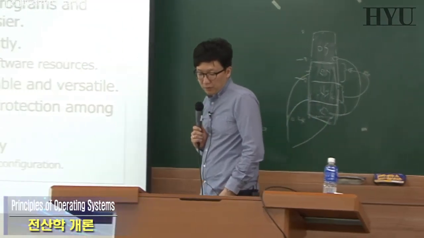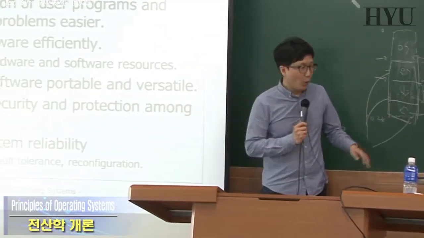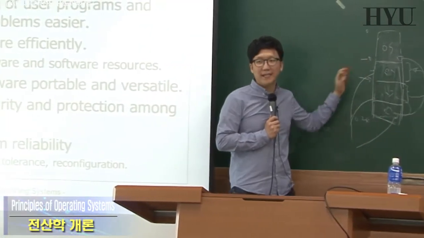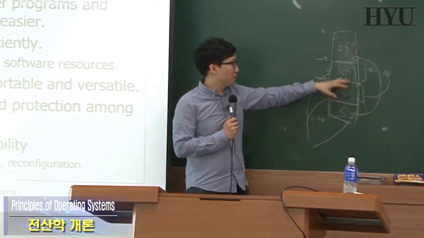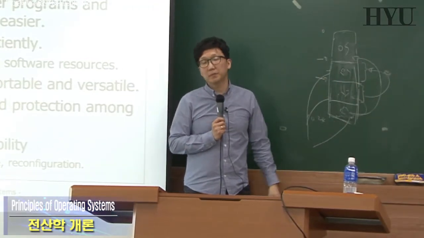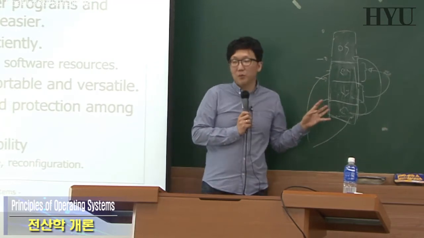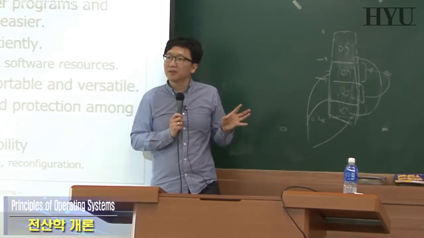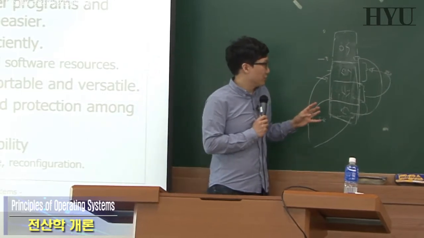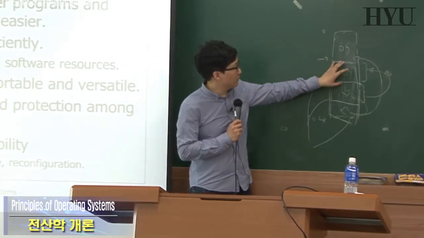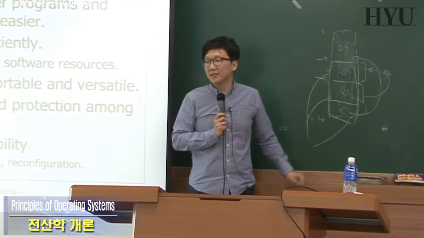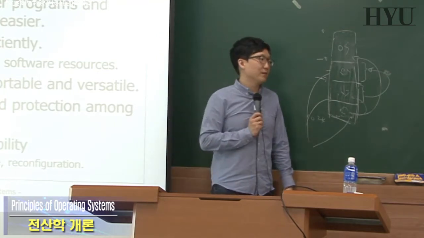Overall, improve the overall system reliability. Hopefully, when we take in multiple processes, multiple programs in memory, the operating system can do this efficiently without any problems. So it needs to keep track of which is free space and which is not, stuff like that.